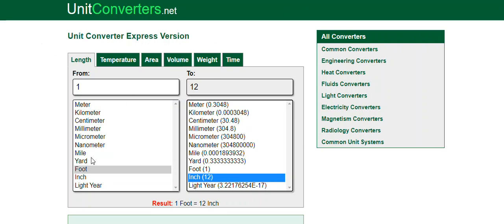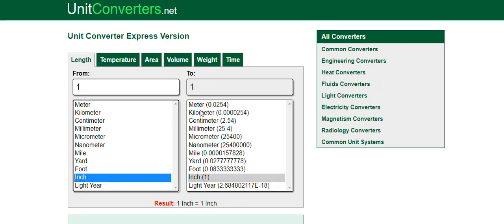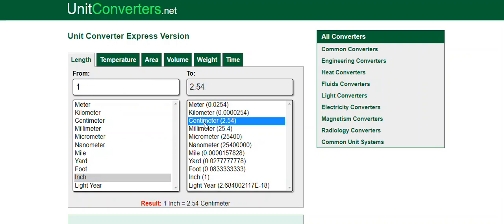We know that 1 inch is equivalent in centimeters to 2.54 centimeters. So I know, for example, that 1 inch is equal to 2.54 centimeters.